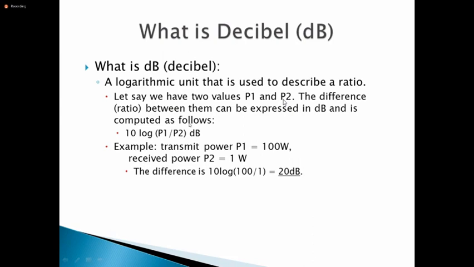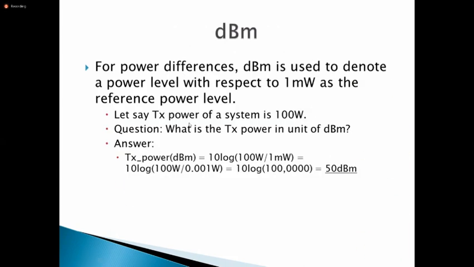In case of dBm, P2 is in milliwatts, 1 milliwatt. P2 is always 1 milliwatt, and P1 can be any value. In dBm we find how much P1 differs relative to 1 milliwatt. That is what we find with dBm.